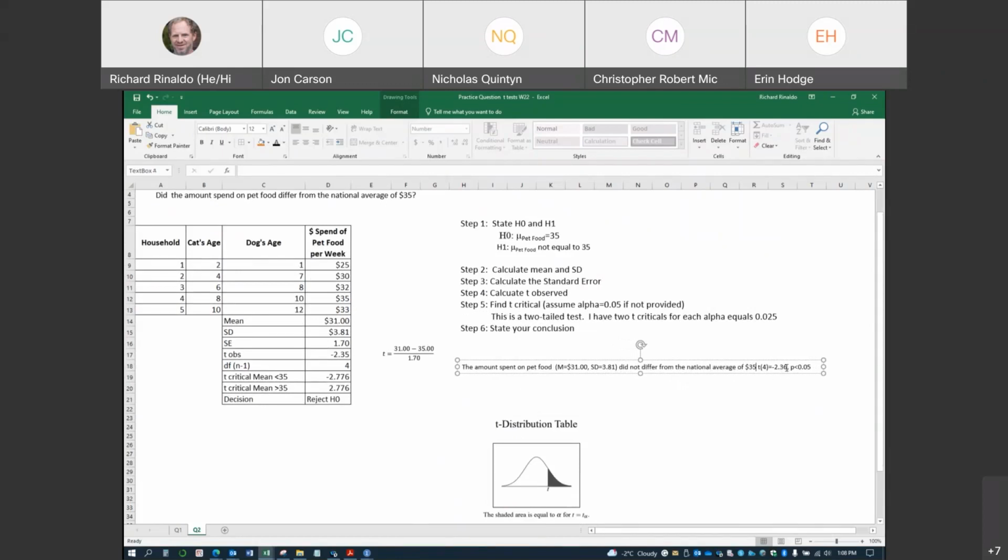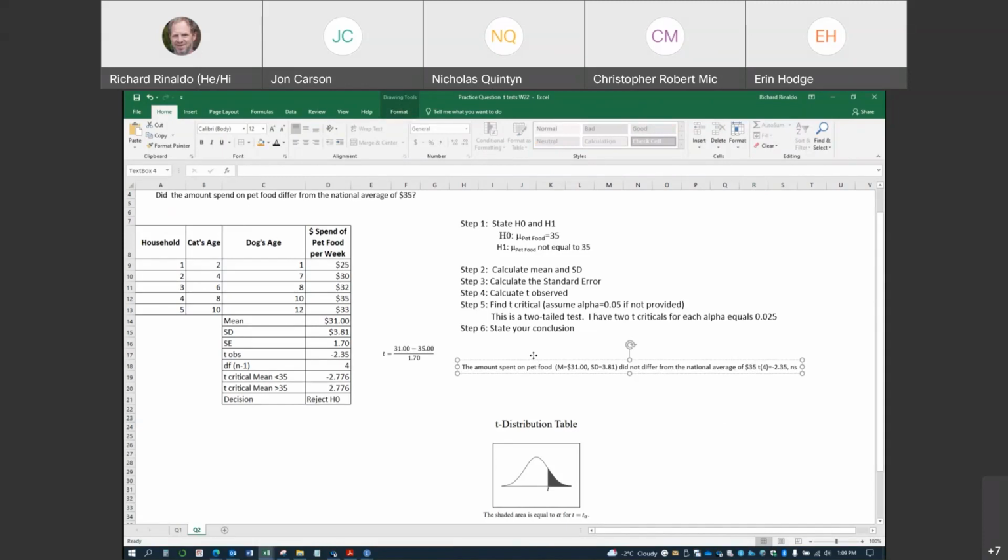T with 4 degrees of freedom equal to negative 2.35, p not significant, NS. There. The amount spent on pet food did not differ from the national average of $35. I can put a comma. I don't need the comma, but I'll just put that.